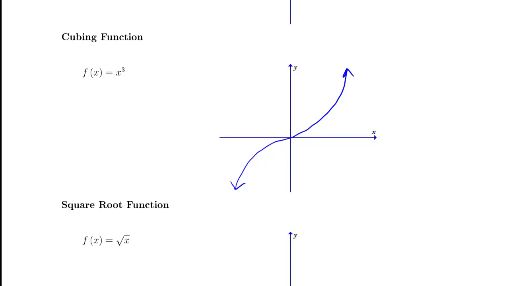And if I wanted to find a point, I could take -1, plug -1 into x cubed, and you actually get -1 back. So there's your point, -1, -1 on the graph. If I wanted, I could plug in anything else as well.